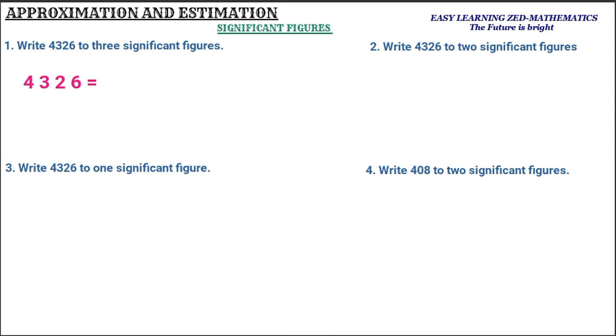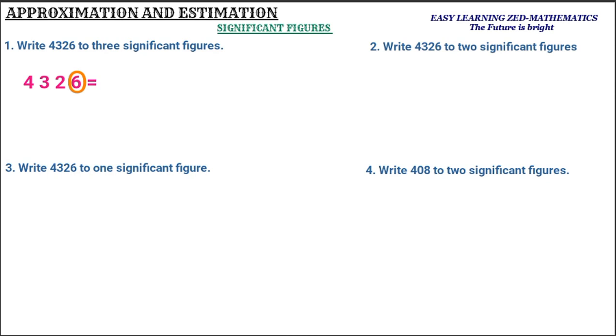So we are asked to write 4,326 to 3 significant figures. So first of all, we need to identify the number that will be removed. So the number which is going to be removed is 6, the one I've circled in orange, because we need to remain with 3 significant figures. If you don't know how to identify significant figures, you can also check in the description box.